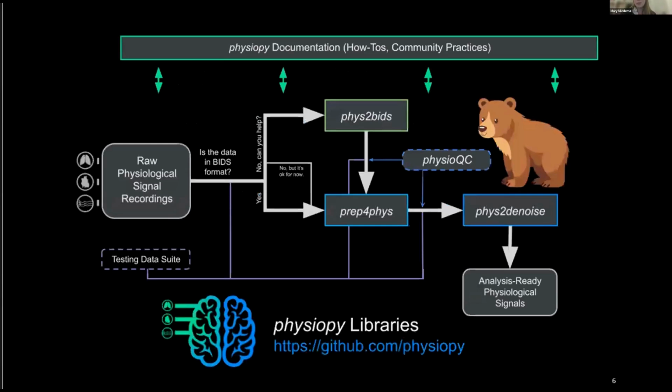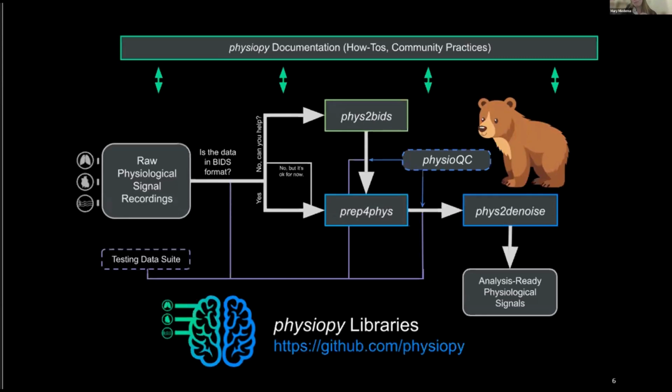So a brief overview of Physiopy's code base. We have 3 main toolboxes that we use for handling physiological data. The first is Phys2Bids, and you've probably heard about BIDS at other sessions, but briefly, this allows people to take proprietary physiological data and transform them into standardized, accessible data formats.